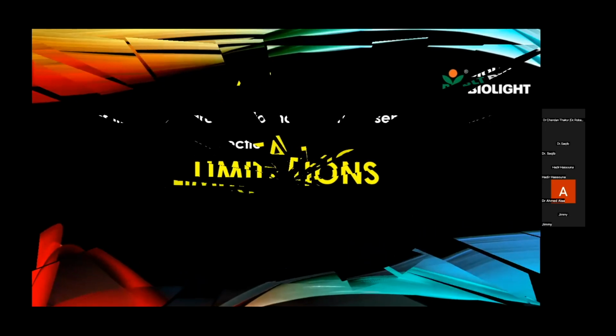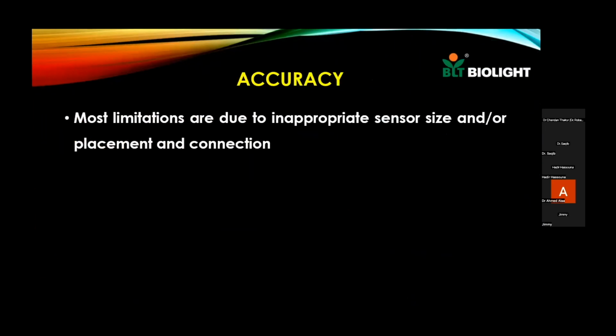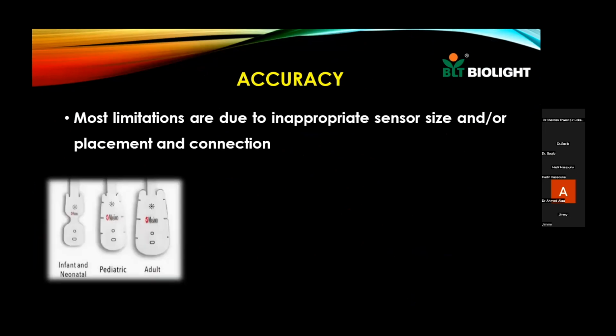The limitation of using regional saturation is the accuracy. Most limitations are due to inappropriate sensor size and placement of the connections. And I think in Biolight monitors, you have Masimo technology with different sizes of the sensor, which is very important, especially in the pediatric and neonatal age groups, because there is a wide range from neonates up to 16 years.